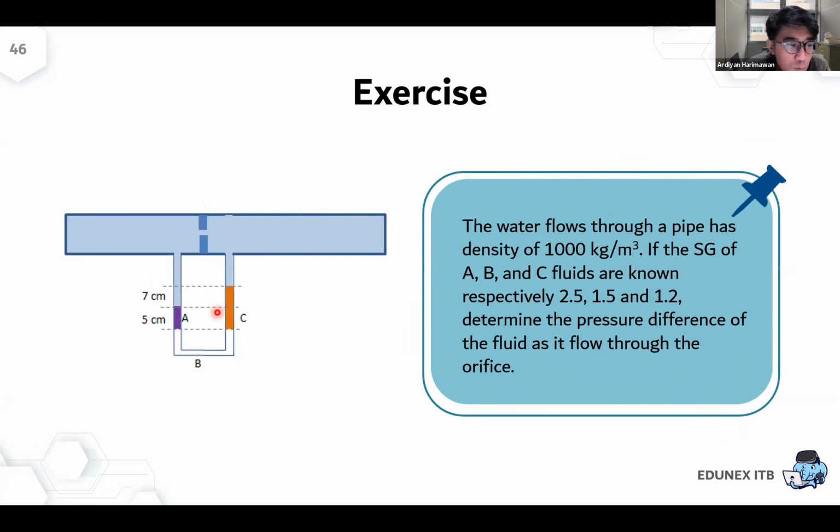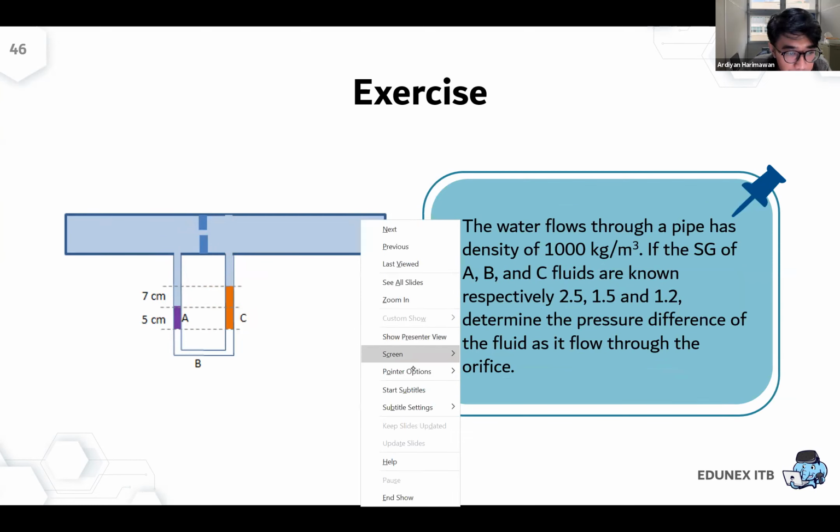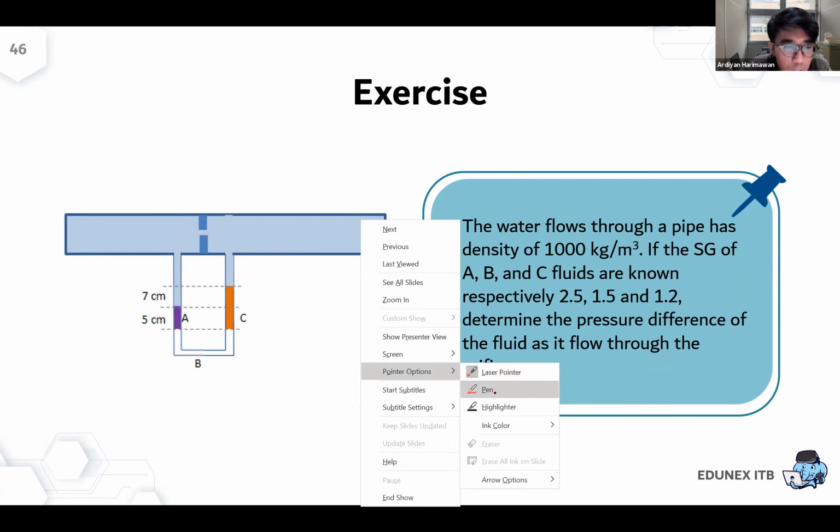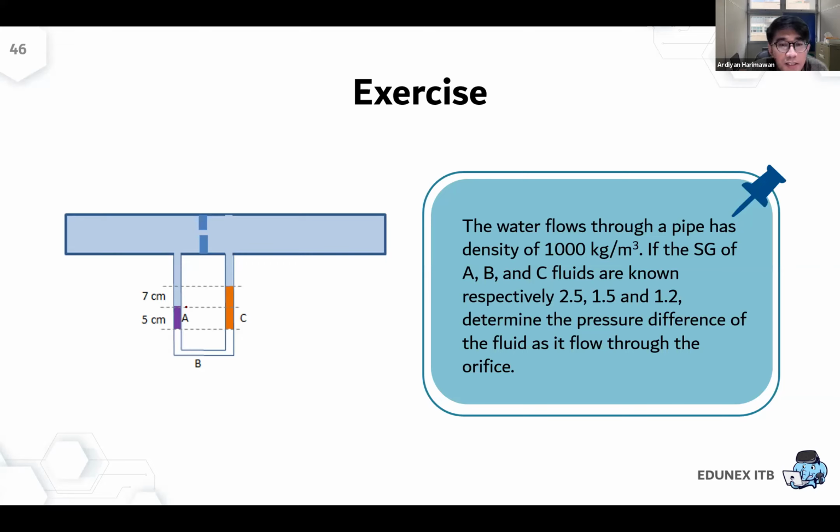I think for this one is basically the same, right? With the orifice, yeah. So you have opening, but it's supposed to be not here, but more closer to the orifice. But this one, the problem is you have not only one fluid in the manometers.